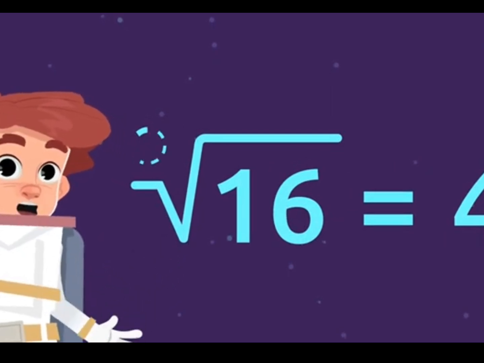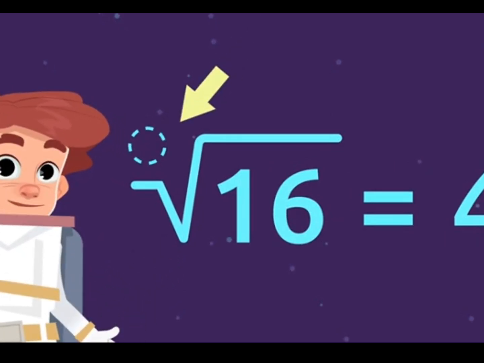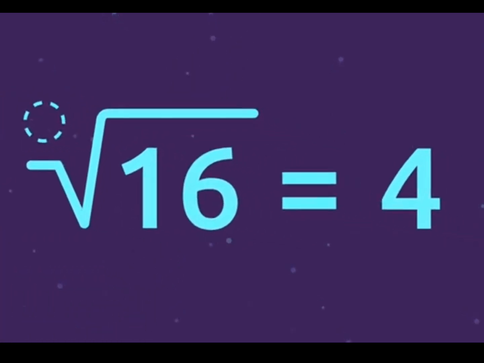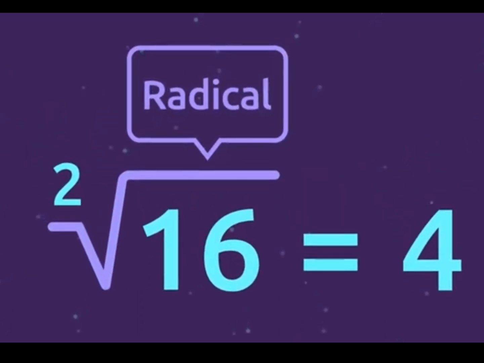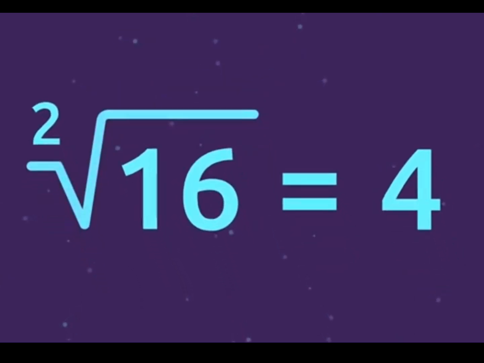Just so you know, sometimes there is no number where the index goes. If we don't see an index, that always means it is a square root. So we can just imagine that it has 2 at the index. This thing right there that looks like a box is the radical, which represents the root.